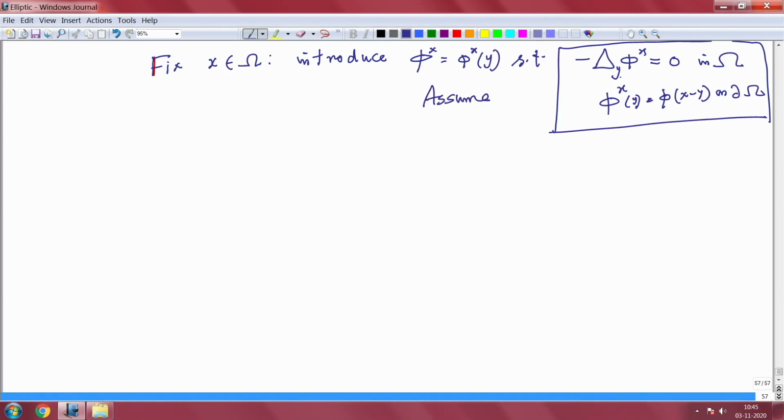Once you do that, you apply Green's identity again, to u and phi x.